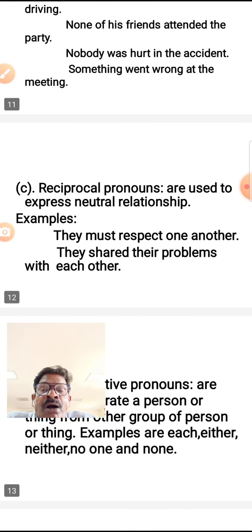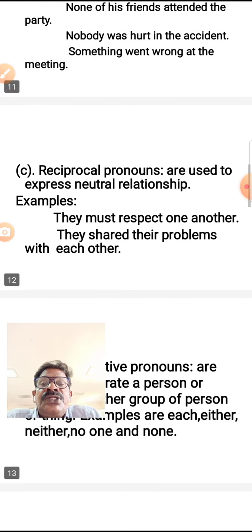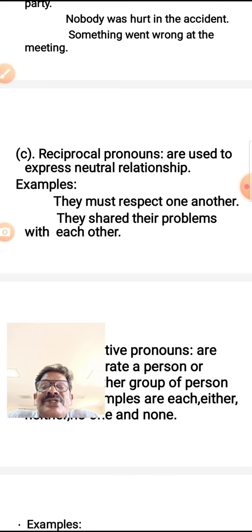Now, let us come to the third kind of pronoun, that is reciprocal pronouns. Reciprocal pronouns are used to express a mutual relationship.